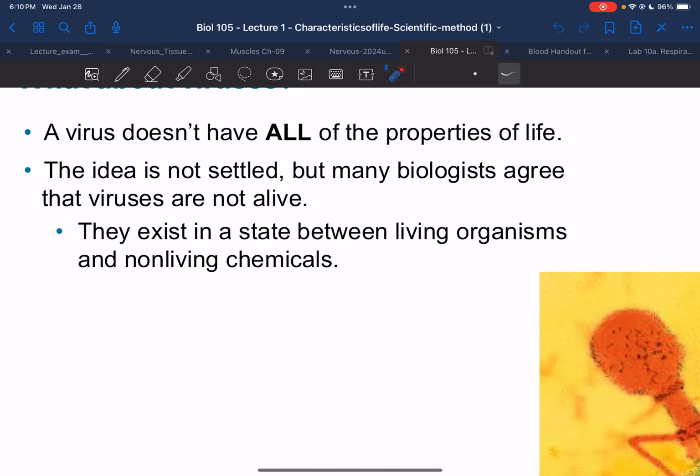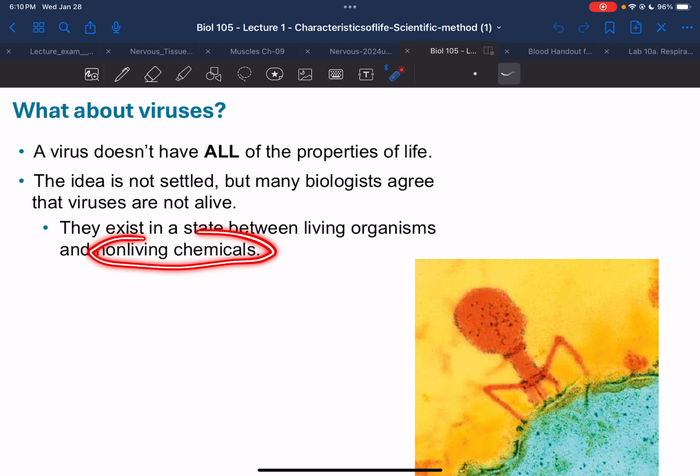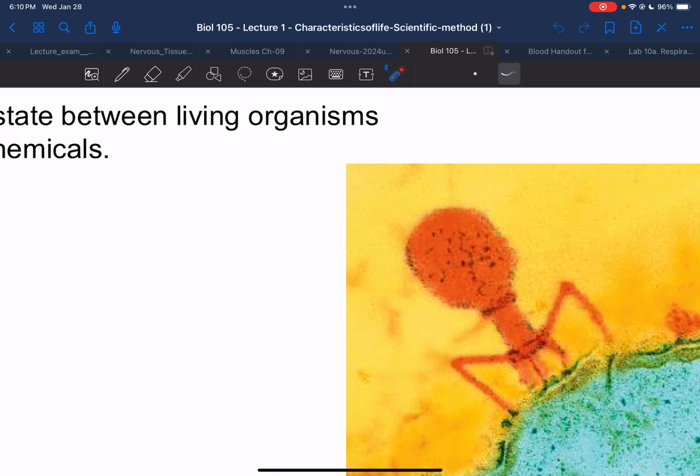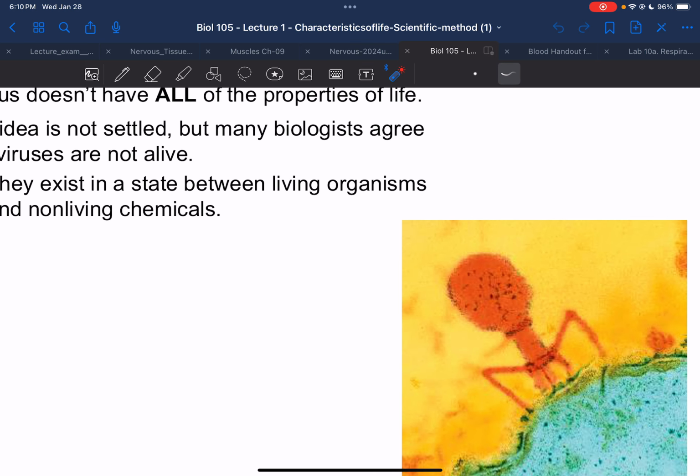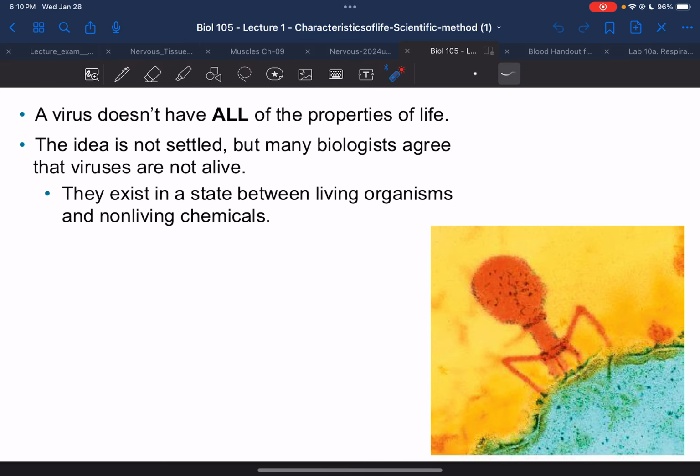And so we say that they exist between living organisms and non-living chemicals, because this is the best way to put it. They have some sort of order like molecules do, but they're just molecules that have gone astray, have gone wild just because of the way they're built. Like, yes, I'll just stop there.